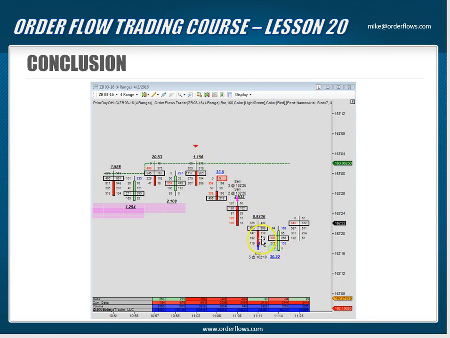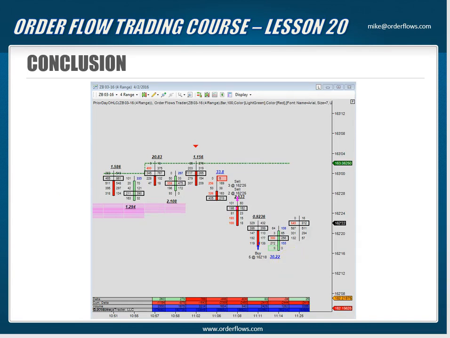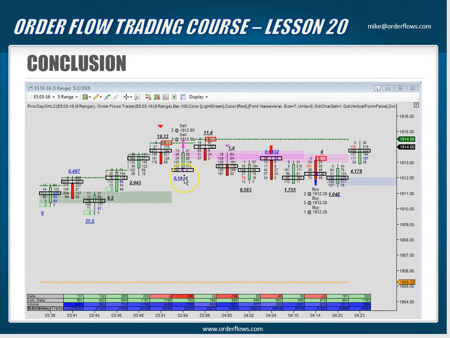These setups occur every day. Sometimes they're a little bit easier to see. Sometimes they're not. In the previous chart, I was really looking for a move like that. It didn't happen. Sometimes they happen a bit easier, sometimes not. The difference in this S&P is, I ran into this stopping volume here, and it just sort of went back and forth. I could see on the delta the market's absorbing the buying and selling.